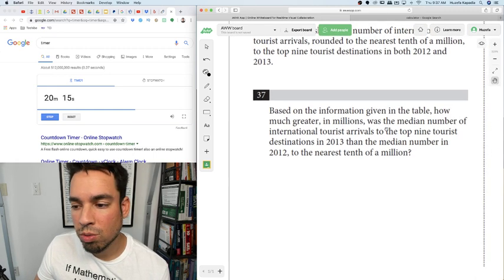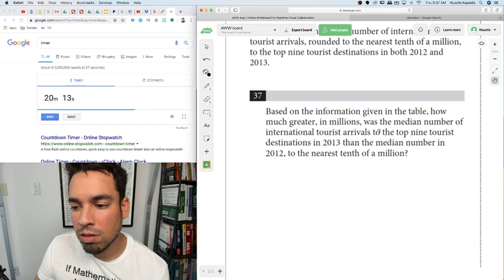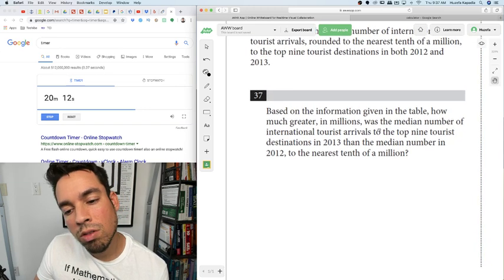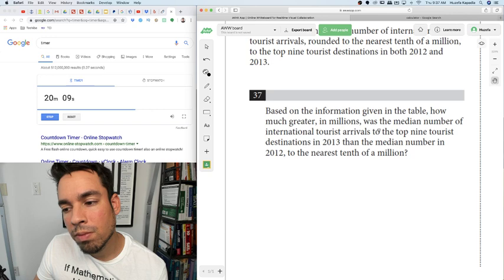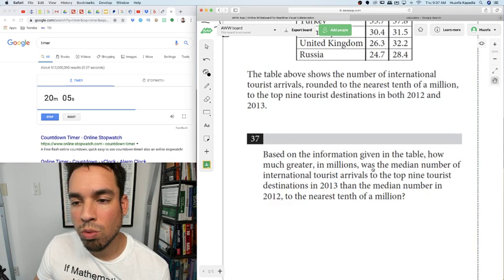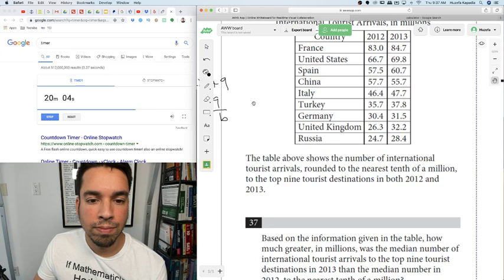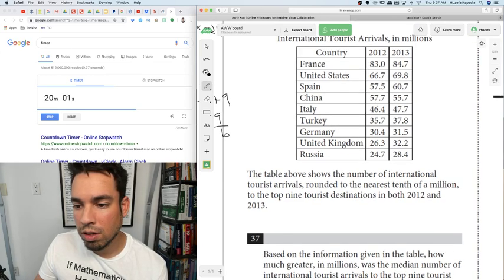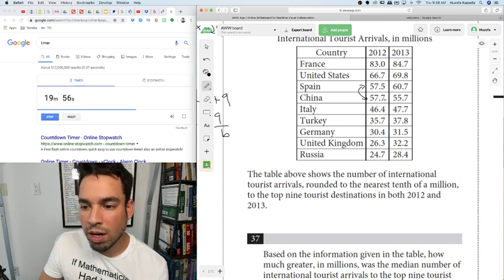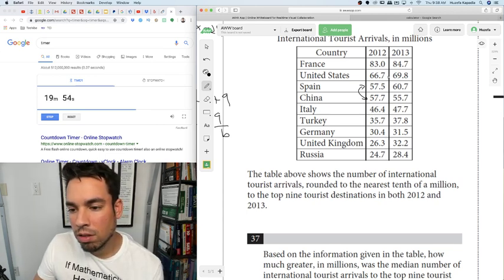How much greater in millions was the median? The median number in 2012. Okay, so biggest. Okay, so these two are switched. We should order them, but I don't want to rewrite everything. And then these all go into.